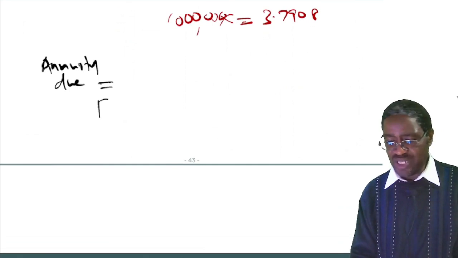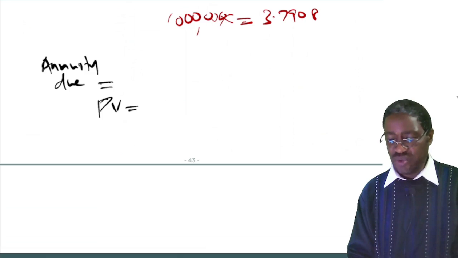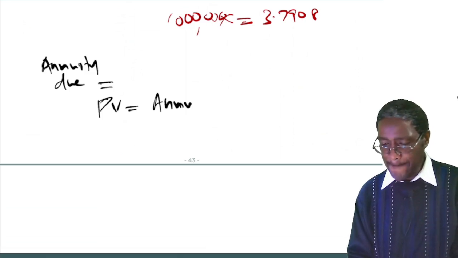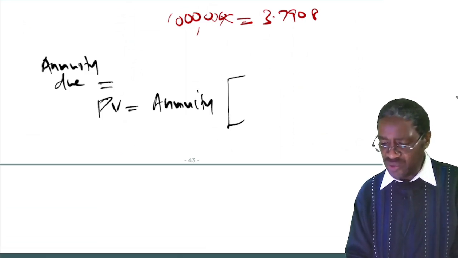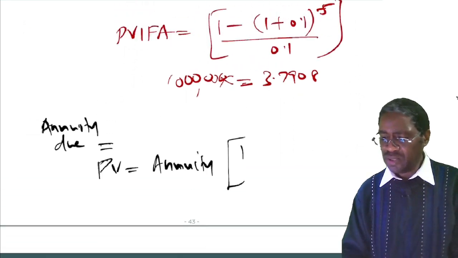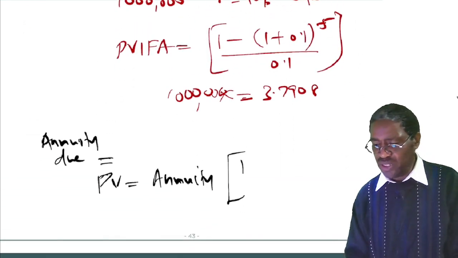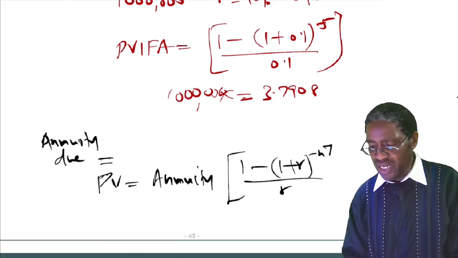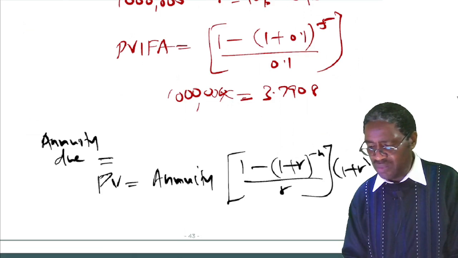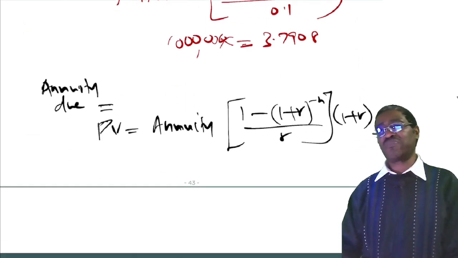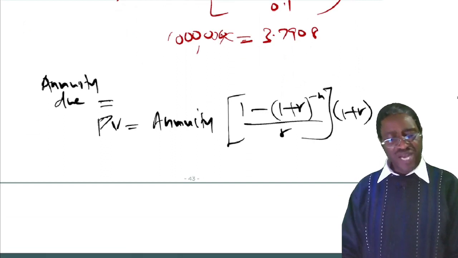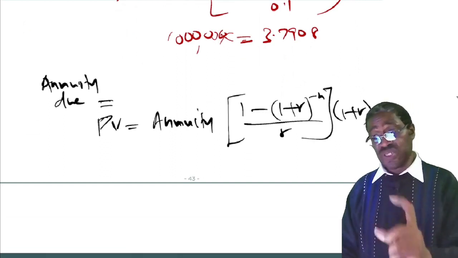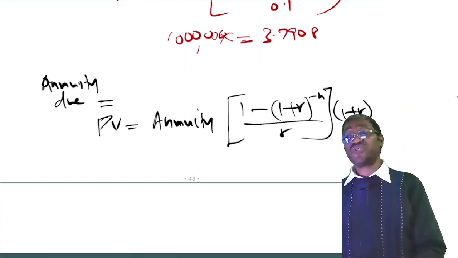If you want to get the present value of an annuity due, it will be the annuity into 1 minus 1 plus r to the power of negative n, everything divided by r, then you multiply that by 1 plus r. That is the formula for annuities due.